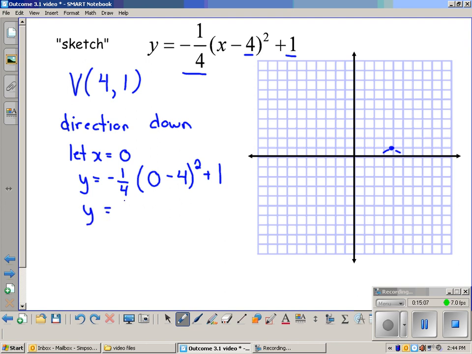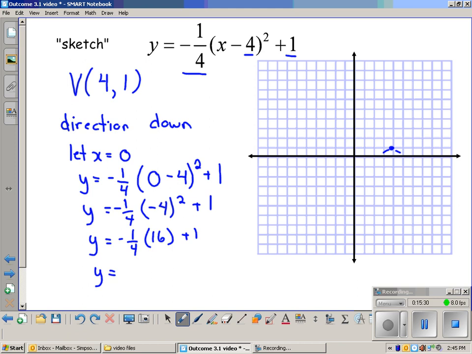So y equals negative 1/4 times (0 minus 4), which is negative 4, squared, plus 1. Y equals negative 1/4 times 16 plus 1.